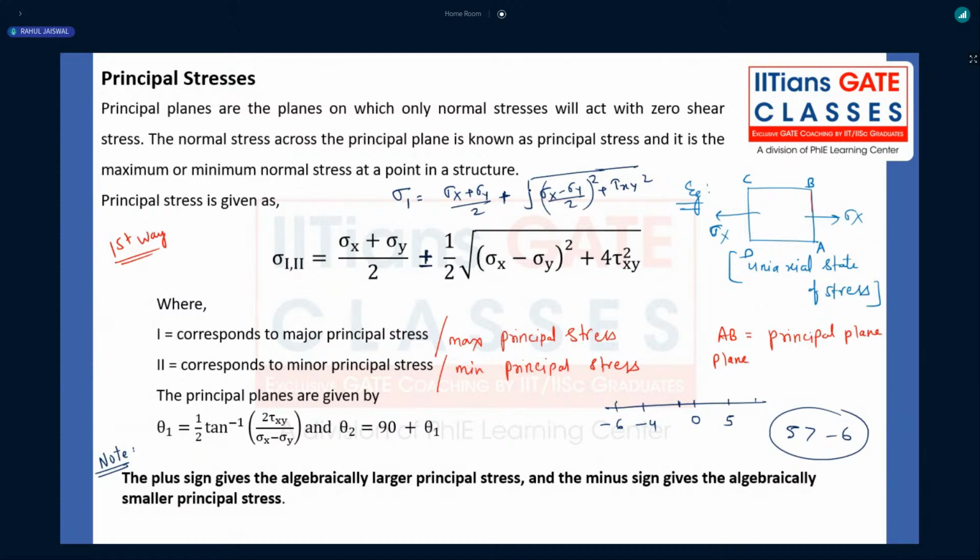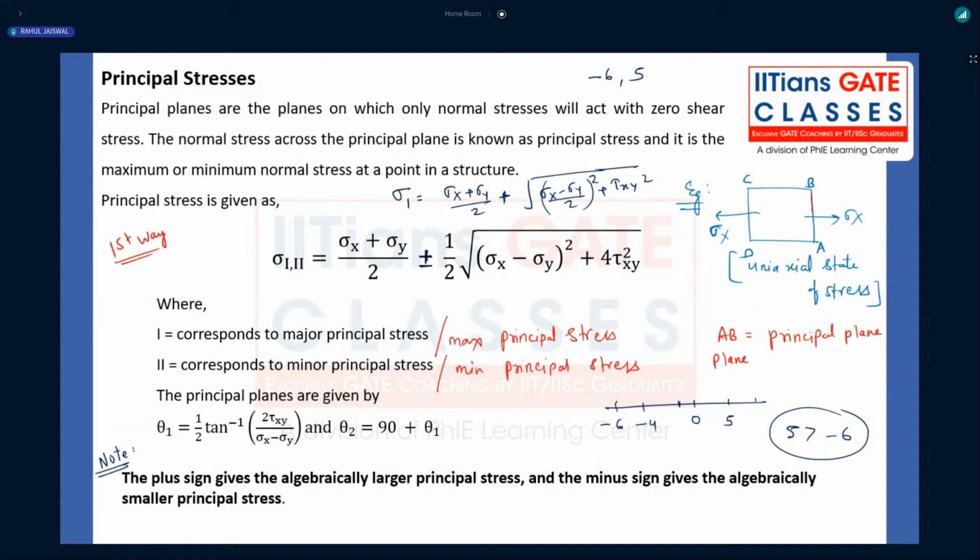Principal stresses are defined mathematically. Whatever the larger plus value is, that will be the larger principal stress. And the least minus value will be the algebraically smaller principal stress. Tell me guys, did you understand my question? From the design point of view, you got the values -6 and 5.